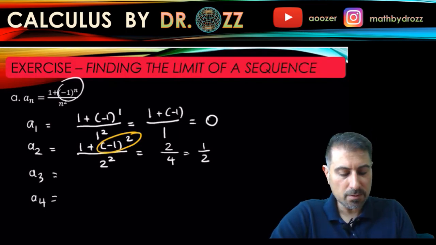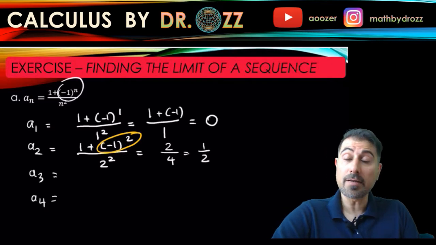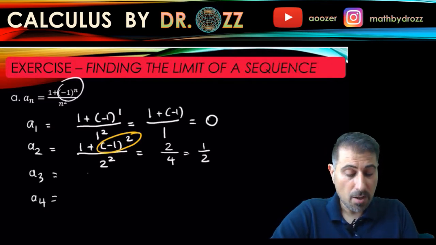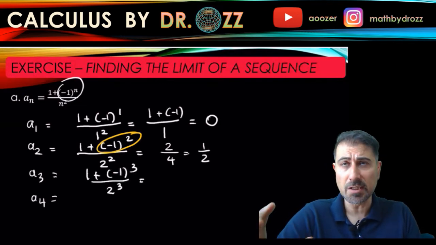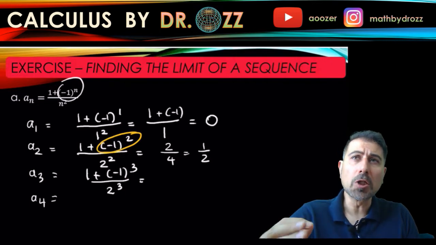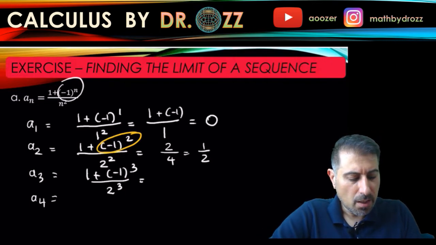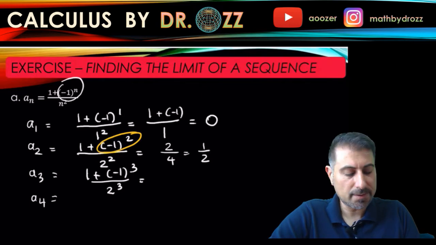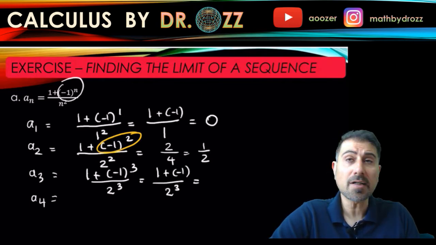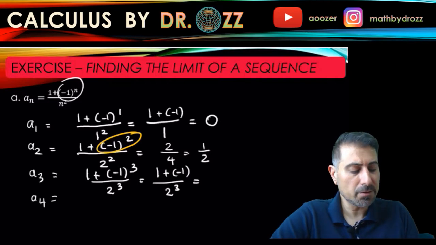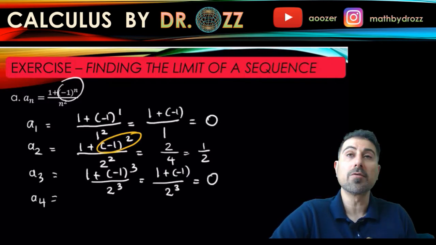Let's look at a_3, which is (1 + (-1)^3) over 3 squared. And we're going to be patient here just to see what the terms look like. All right, so the cubic power of -1 is still -1. So it tells me that the top becomes 0, and 0 divided by the bottom is always 0.